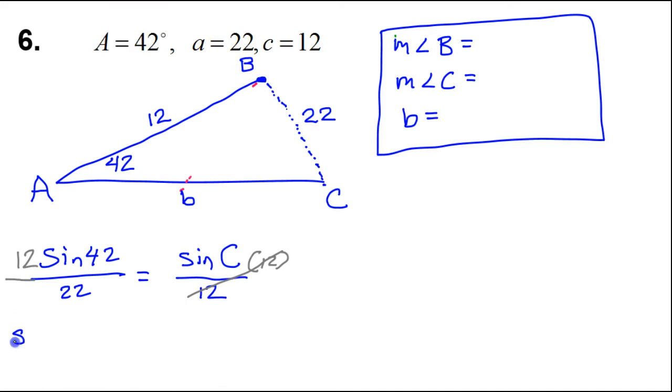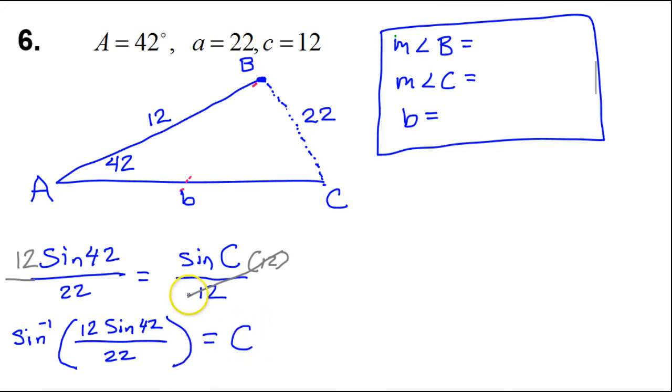Okay, so the inverse sine of all of this should equal angle C. So I'm just going to put this entire expression into my calculator. Notice how I didn't make little decimals as I went along. You should be putting this whole thing into your calculator in this form.